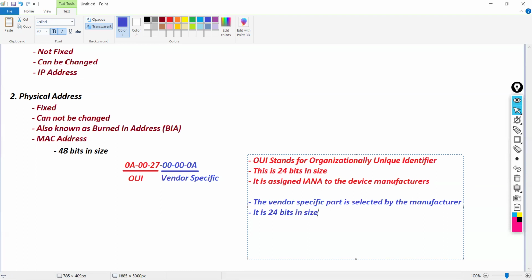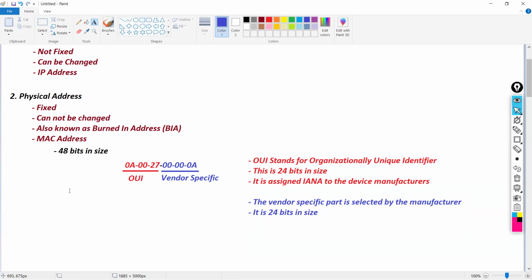So it is the responsibility of the manufacturer to keep this part unique. The vendor will not repeat this and INA will not repeat theirs, and this way your MAC address will be unique throughout the world. Is that clear? Clear about the MAC address?